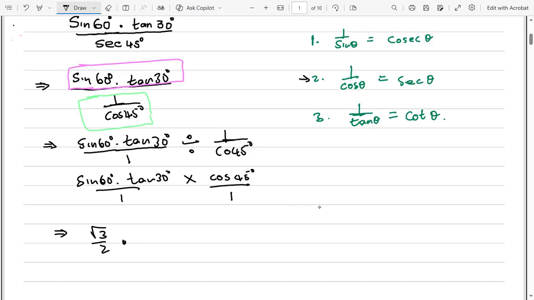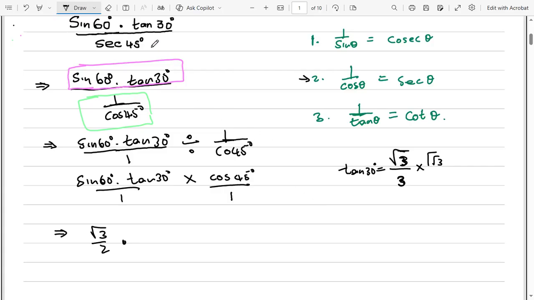Listen, if the number inside the square root is the same as your denominator, like in this tan 30, you need to rationalize the numerator. Can you see the 3? It's inside the square root. It's the same as what you have in your denominator. You rationalize, you multiply top and bottom by that root 3.